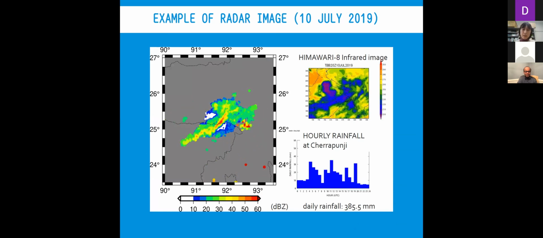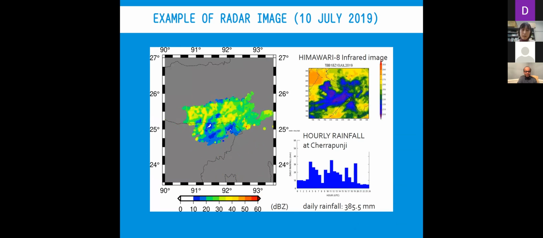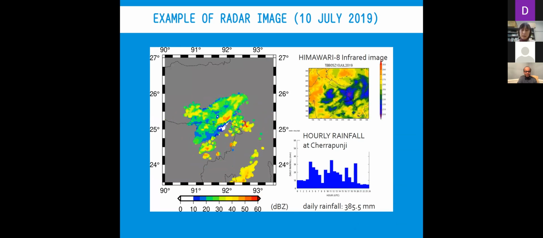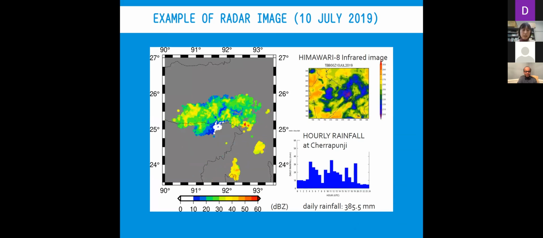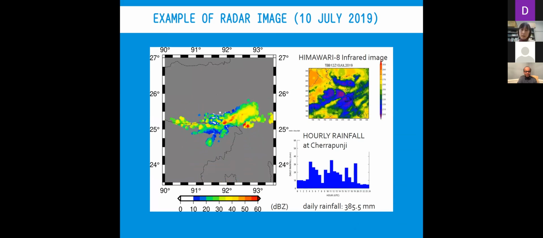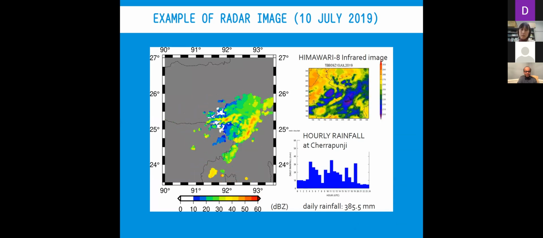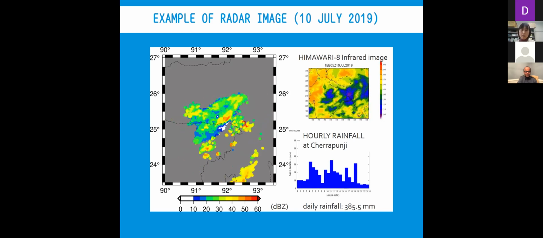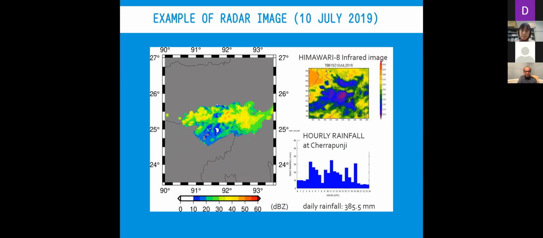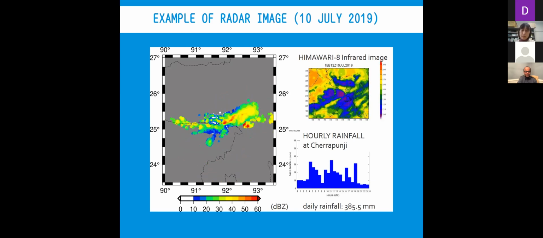The left figure shows an example of constant altitude radar images, and the observation date is 10th July 2019. The right top figure is the Himawari 8 infrared image to check the larger scale cloud systems. And the right bottom figure shows the hourly rainfall at Cherrapunji.